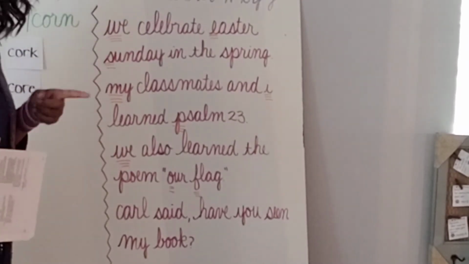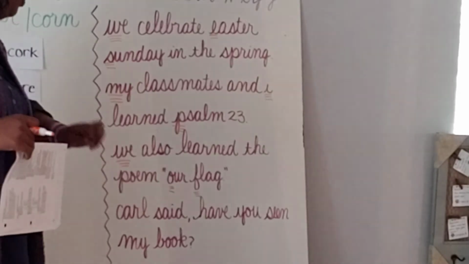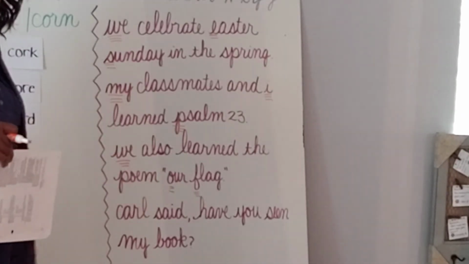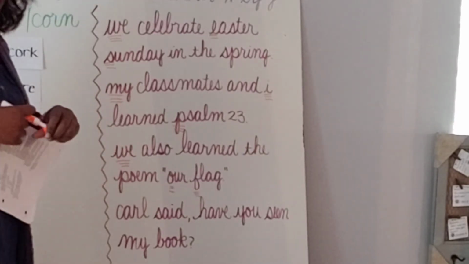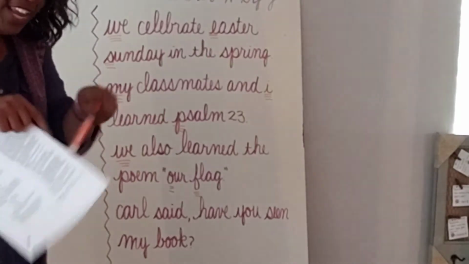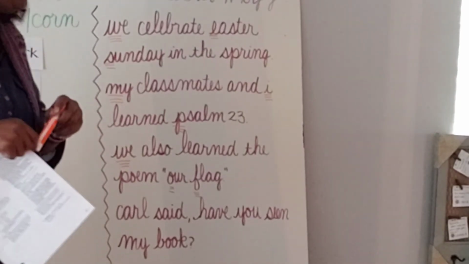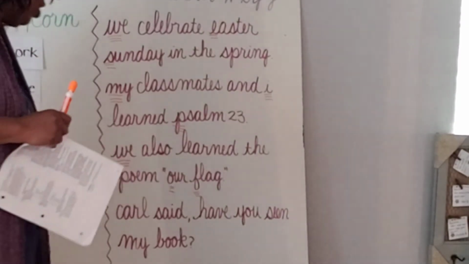For stories, or in books, we underline, but for poems, we put quotation marks. And then we capitalize, remember, for titles, the first word, the last word, and any other important words in between, okay? So we would capitalize our, and then the last word is flag, so we capitalize it all.